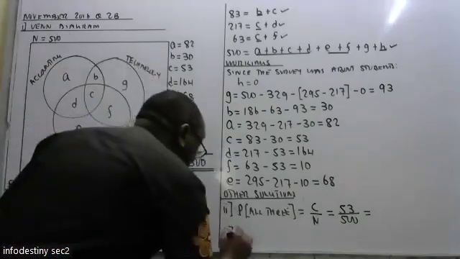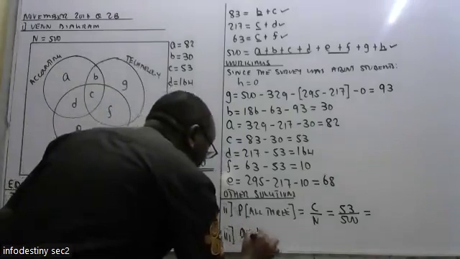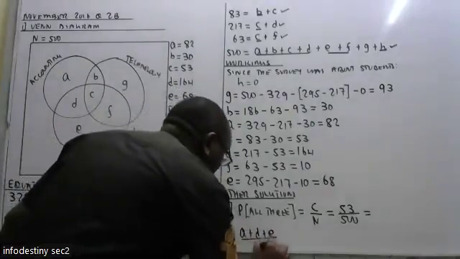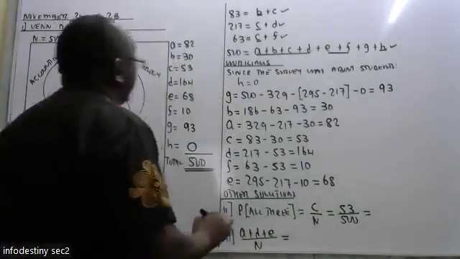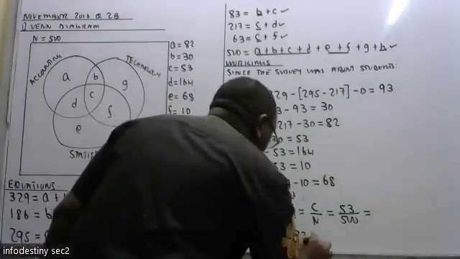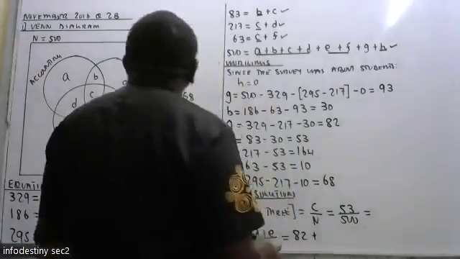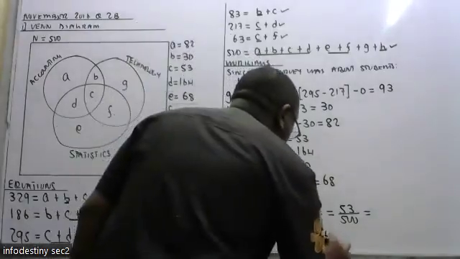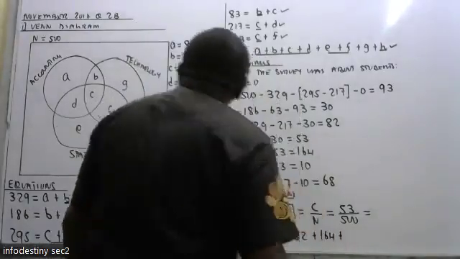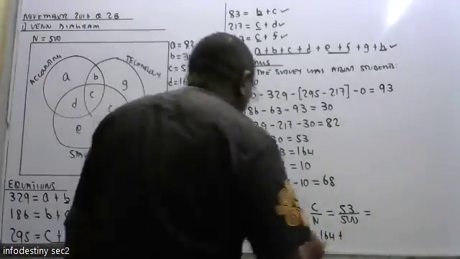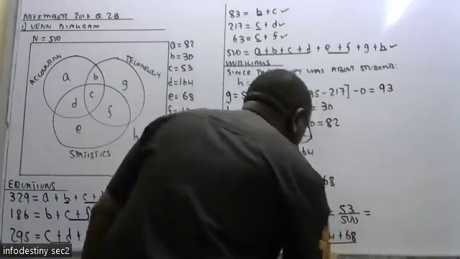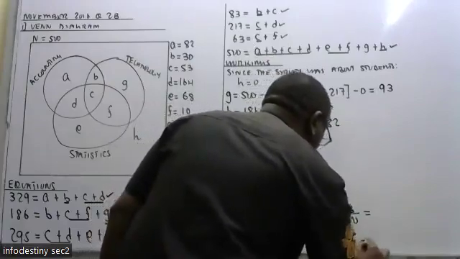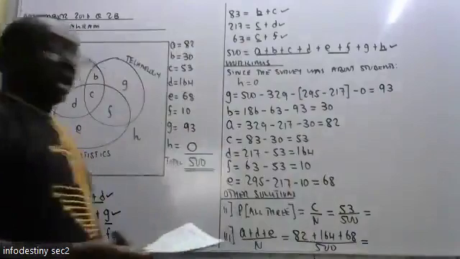So it is A plus B plus E divided by N. So A will be 82, B will be 164, and E will be 68. You divide by 500. So that is the answer.